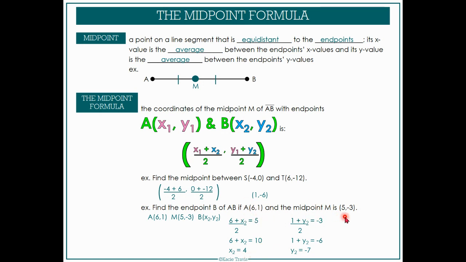This is one space away. 4 is one space away from 5, just like 6 is one space away from 5. Same thing over here. I got 1 plus whatever the second y is, divided by 2, equals -3. I multiply both sides by 2. That's how I get -6. And then I subtract the 1 to the other side, making it -7. And this is 4 spaces away from -3, just like how 1 is 4 spaces away from -3.